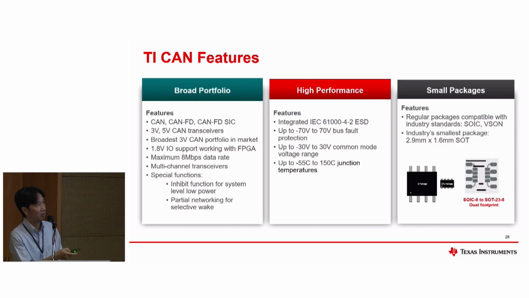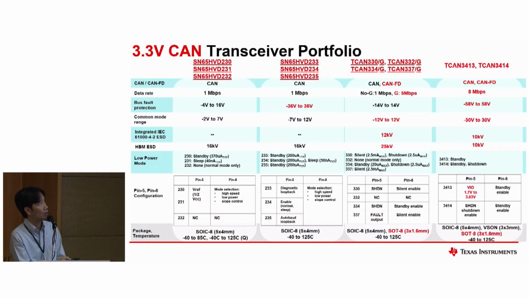And this is about the package. Okay, so this is the 3.3 volts CAN transceiver portfolio. Here you can see that for the data rate, this family can go up to 8 megabit per second.